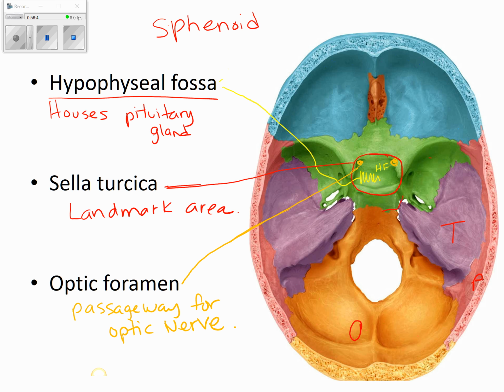Some people call it sphenoidal bone or sphenoid bone. Some people say it looks like a butterfly or like a bat with its wings spread out, and that's the green part here. This sphenoid bone forms that hypophyseal fossa, the sella turcica, and the optic foramen.